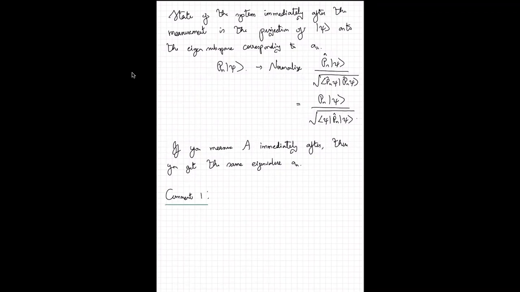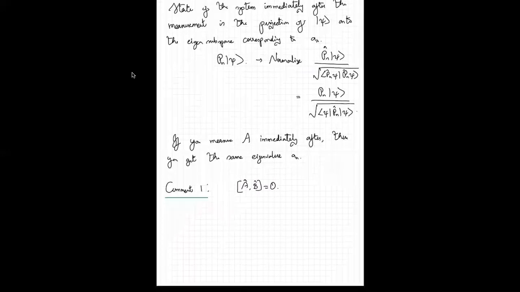Suppose you measure not one observable, but you decide to measure two observables rapidly. So let us say that you have two observables, and these correspond to two operators in quantum mechanics, A and B. And let us say that A and B commute. This means, of course, that they have a common set of eigenvectors.